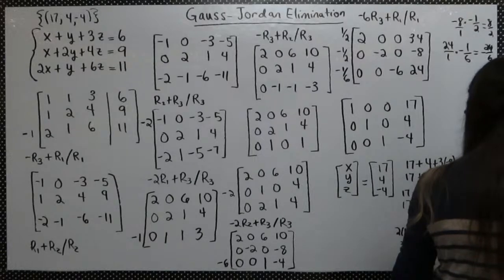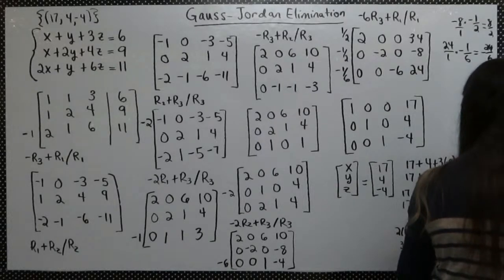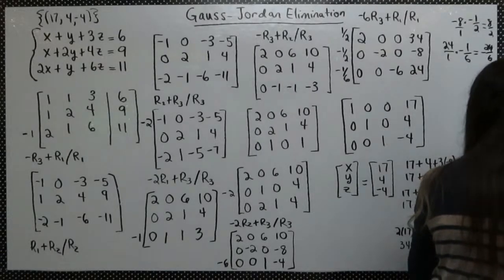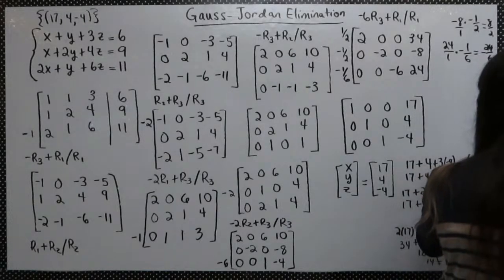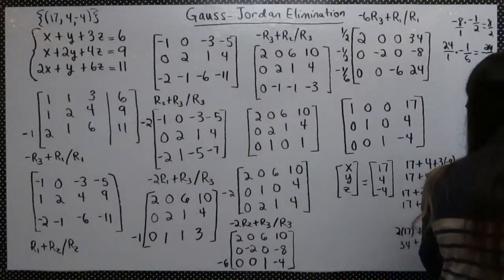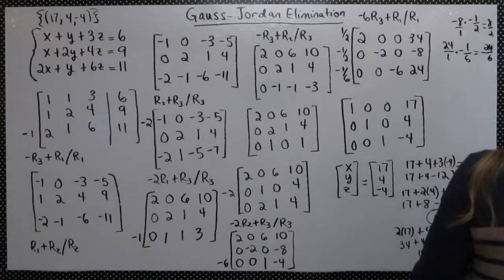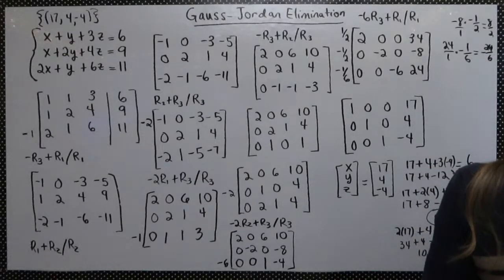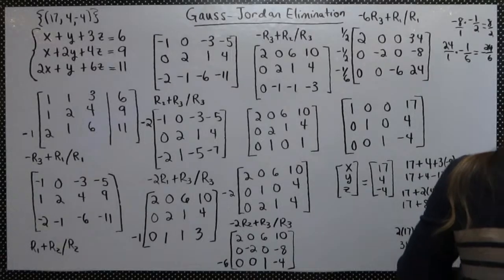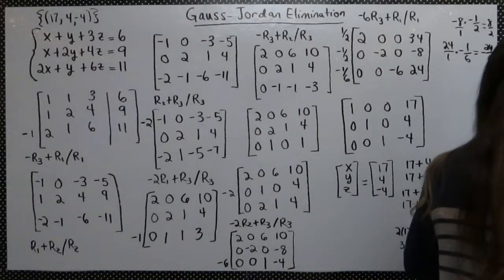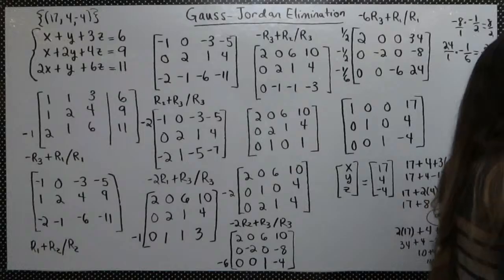So 34 plus 4 is 38, minus 24 is 14. 14 does not equal 11. So this one's not equal. We're very close. So I don't know which ones are wrong. I don't think I have the solution in the back of the book.